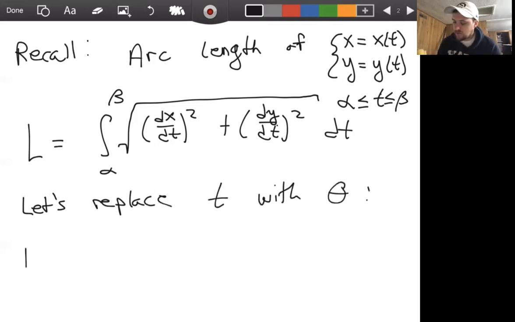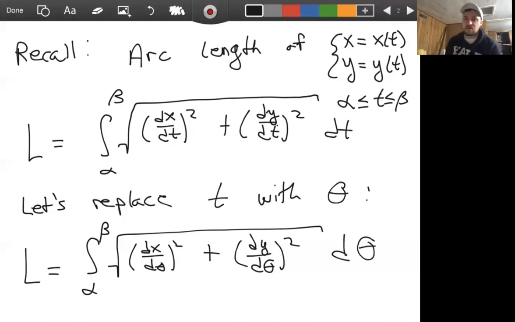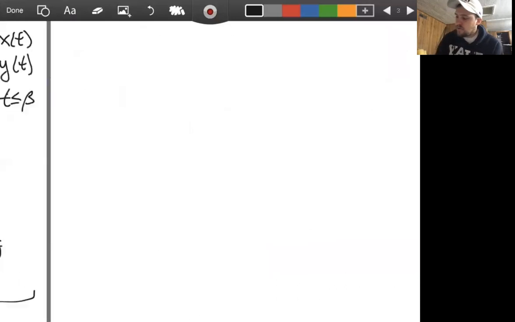Then it's the same formula: the integral from alpha to beta of the square root of dx d theta squared plus dy d theta squared d theta. We've changed nothing but what we're calling our parameter. So let's keep this formula in mind. It's the same formula, but now we're using thetas.